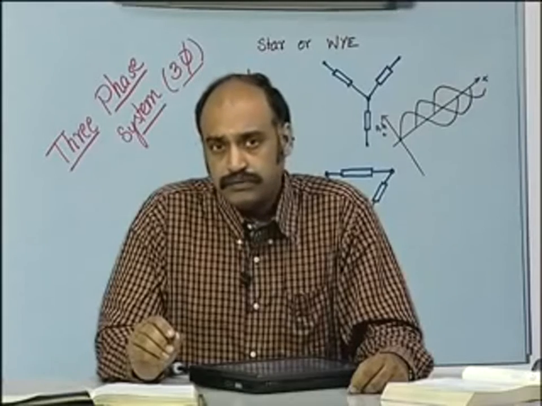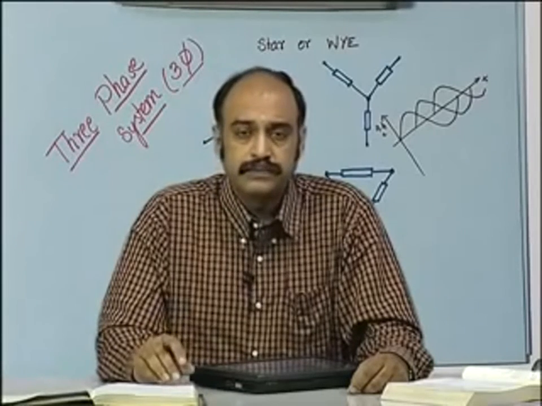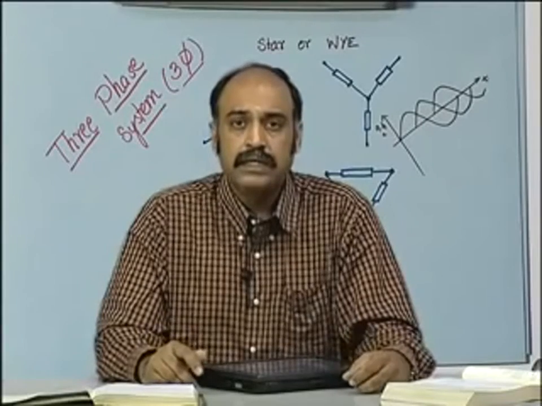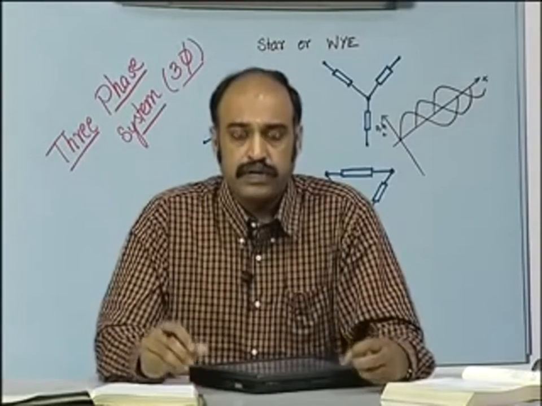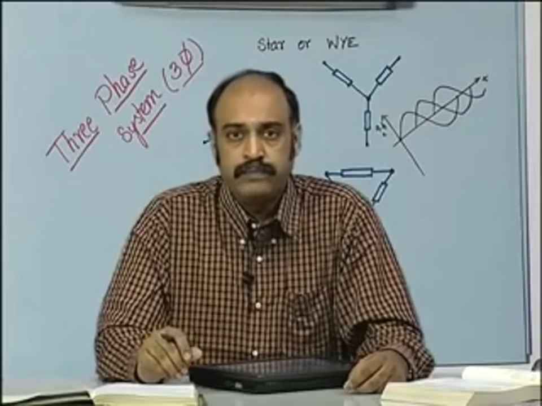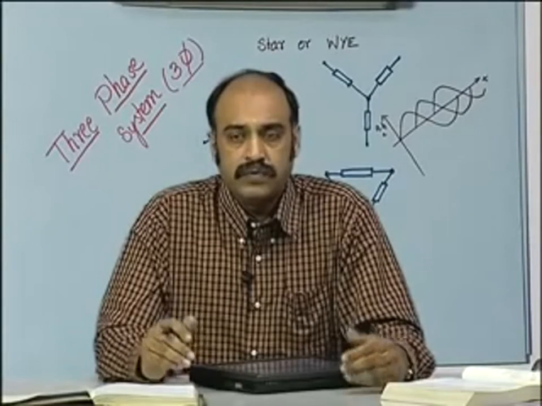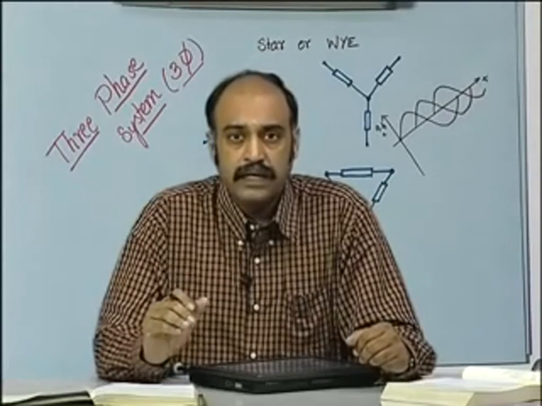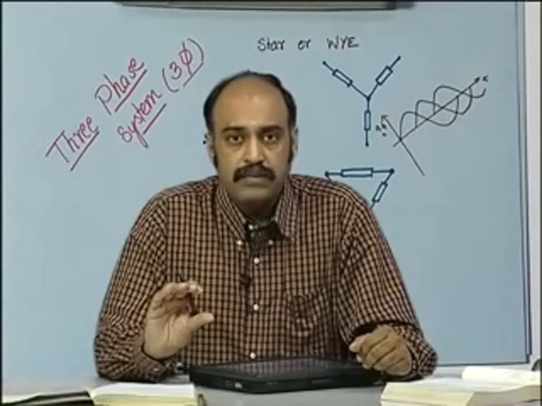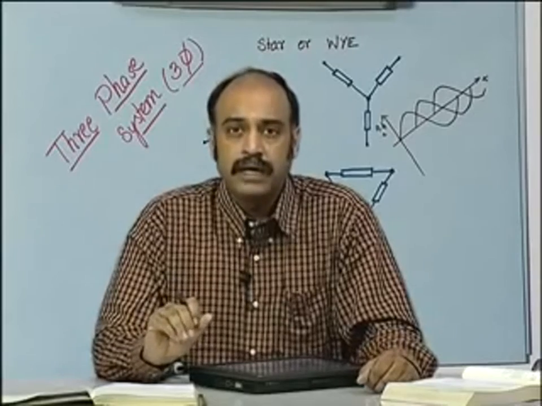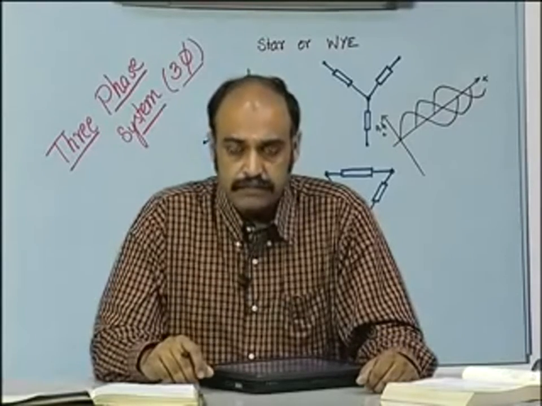Right in the beginning of the three-phase circuits, we started with the star type of connection and then eliminated the neutral. That is, we started with a 6-wire system and then eliminated 2 wires, made 3 of the return paths common, and it became a 4-wire system.